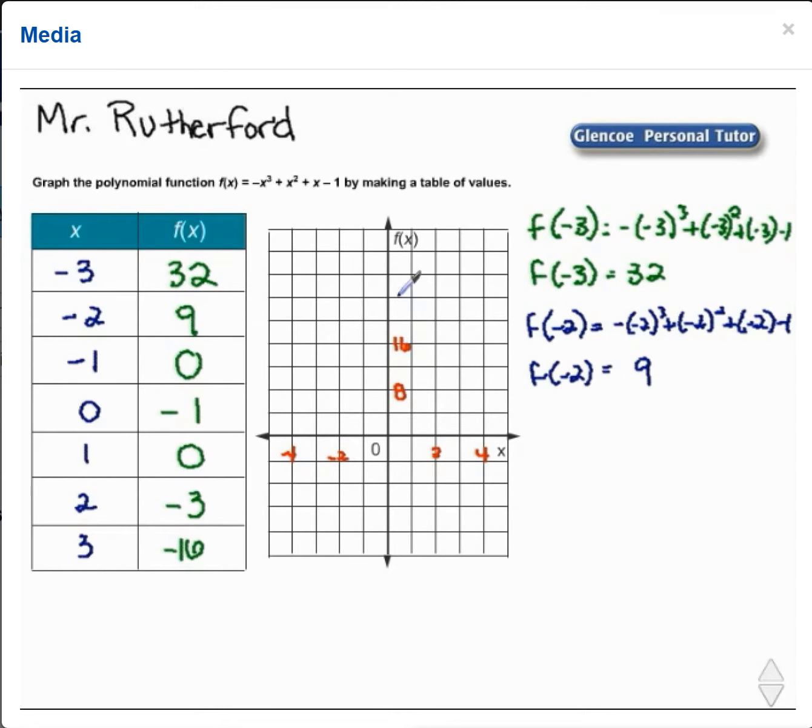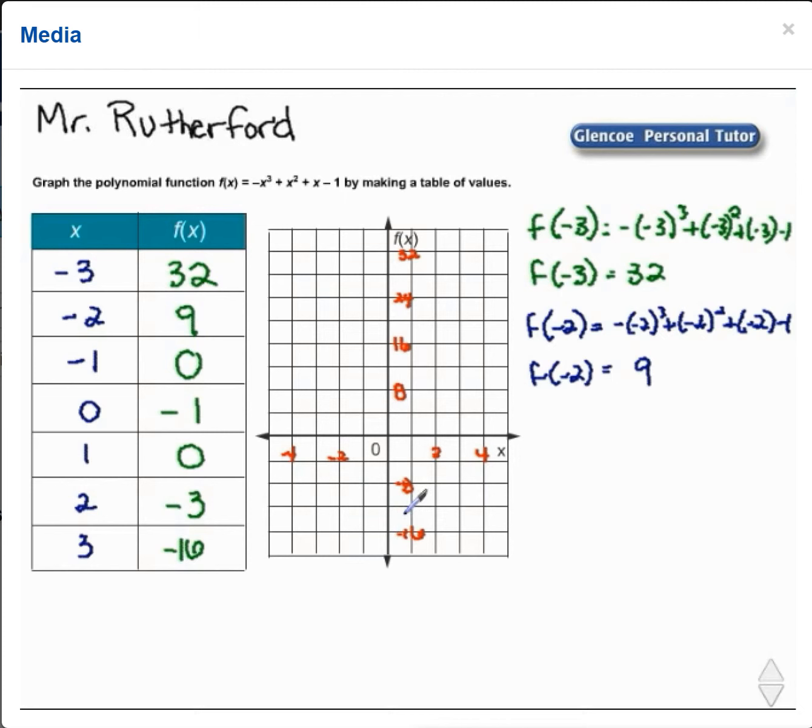Then we'll have 20, 24, 28, 32, and 32 is the largest, so that will help us fit that on our graph. Then below, here we'll have negative 8, and then negative 12, and then negative 16. And notice our smallest f of x value is negative 16, so it will fit on our graph.